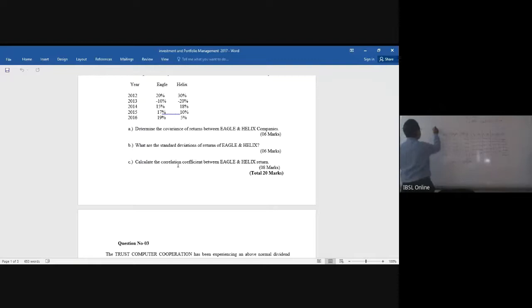Rho EH is equal to covariance EH divided by sigma E into sigma H. That is 162.08 divided by 11.23 into 16.61.